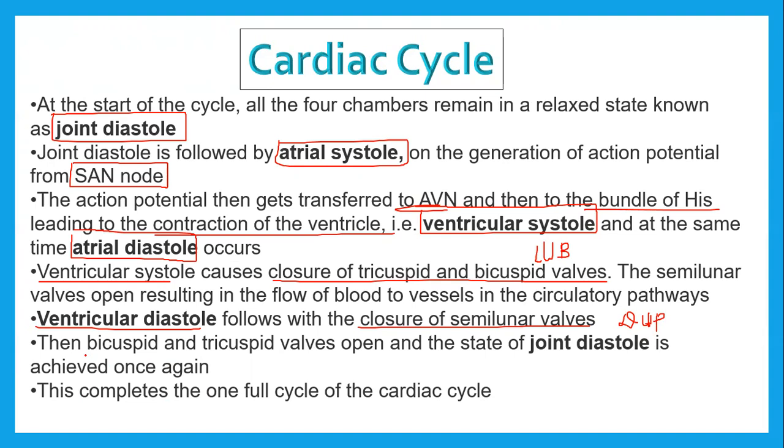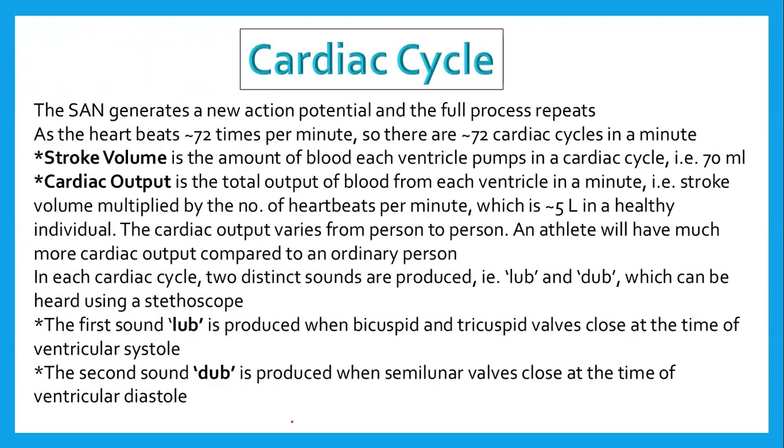So the bicuspid and the tricuspid valves open, the stage of joint diastole is achieved once again, and this completes one full cycle of the cardiac cycle. The SA node generates a new action potential and the full process is repeated again. So the heartbeat per minute is 72 times.